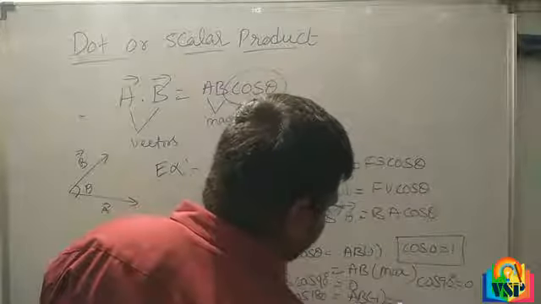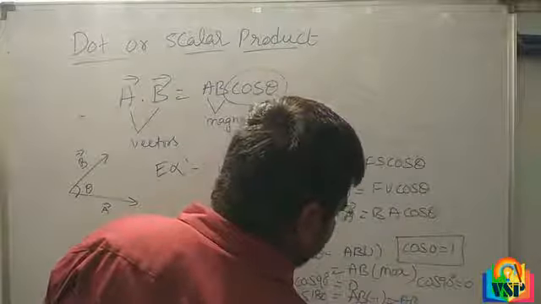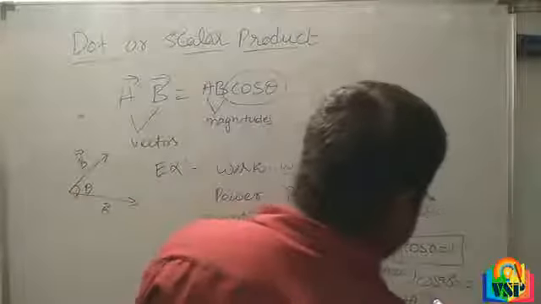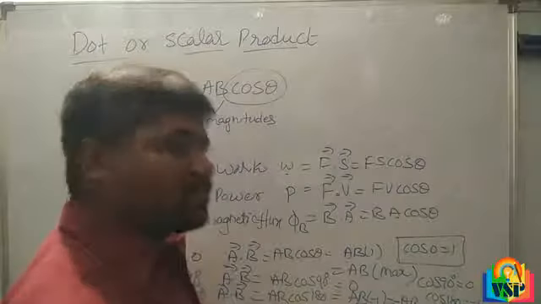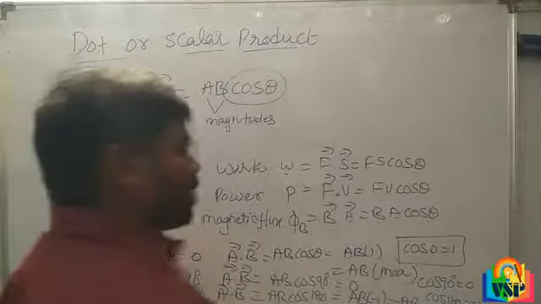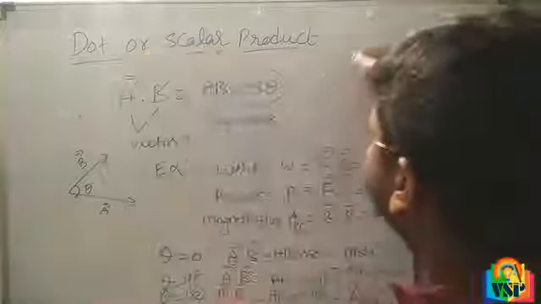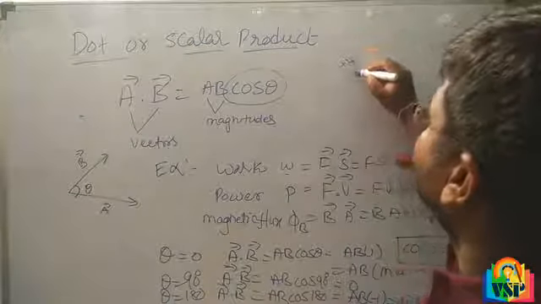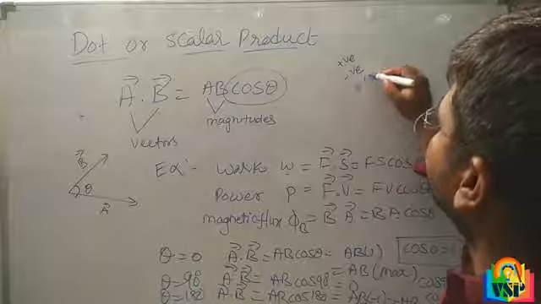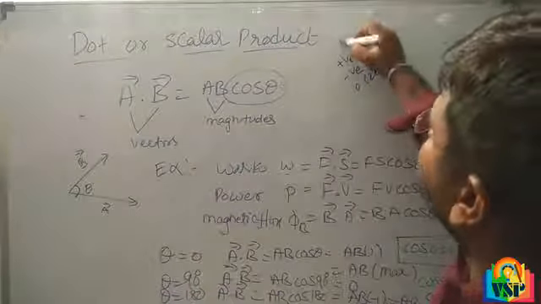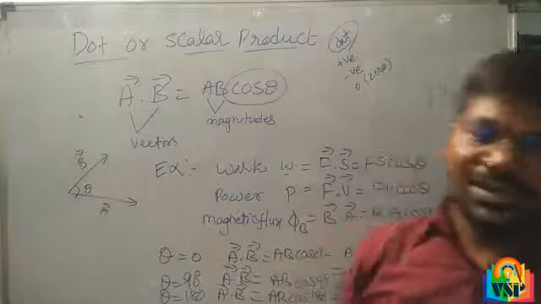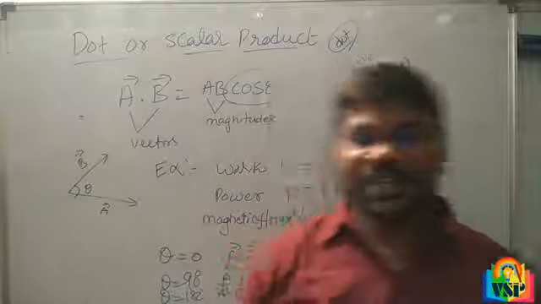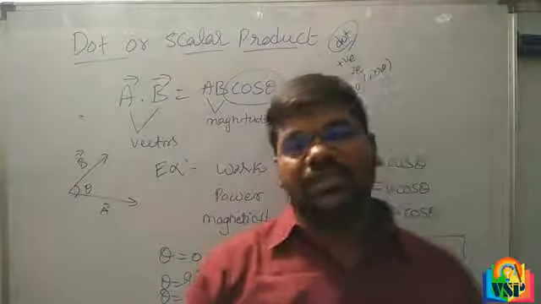You get AB into minus 1, which is minus AB, negative, because cos 180 is equal to minus 1. Every scalar or dot product may be positive, negative, or 0, meaning maximum, minimum, or 0.